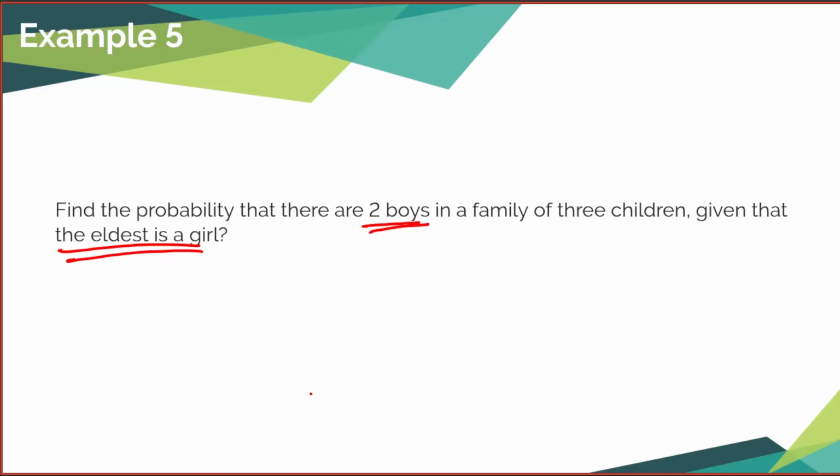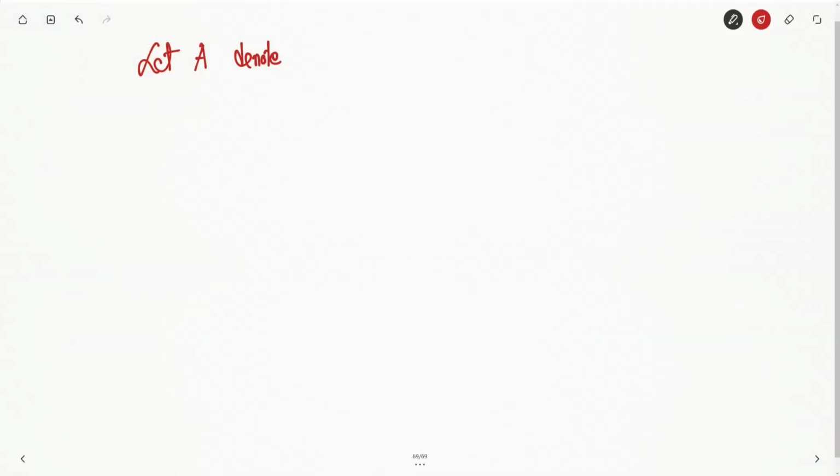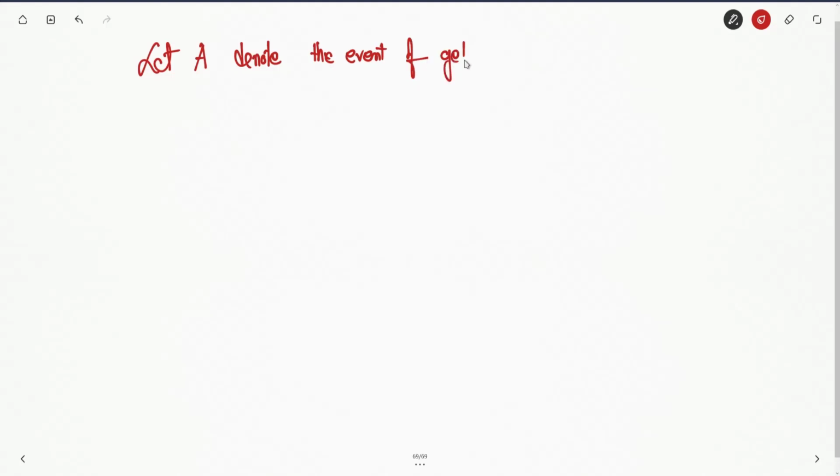So in this, the solution will be, let A denote the event of getting two boys, right?